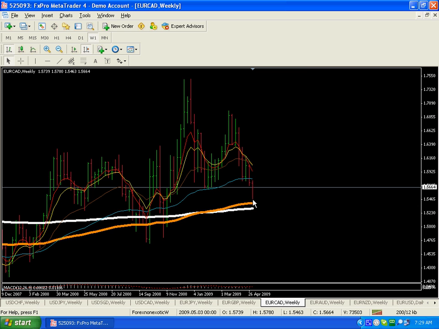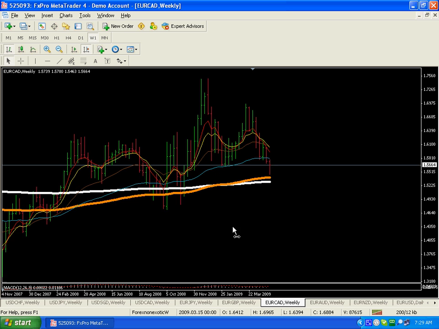This price came down to the low of 1.5463 and closed at 1.5664 as a rejection of this area. This pin bar didn't quite close within the range of the previous bar, but it's still close above the range of this bar, so it's a pin bar by proxy.